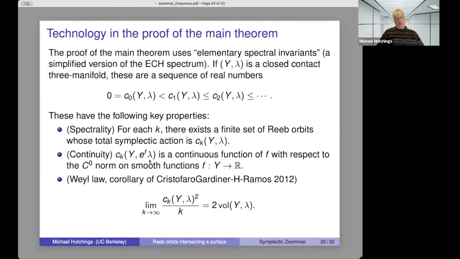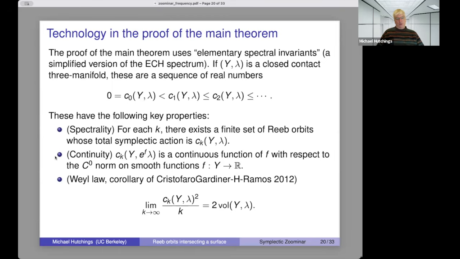So you can multiply the contact form by any positive function to get another contact form. And if you multiply lambda by e to the f, these numbers depend continuously on f with respect to the C0 norm on f. So f is smooth, but if the C0 norm of f is small, then c_k of e to the f lambda will be close to c_k of lambda.